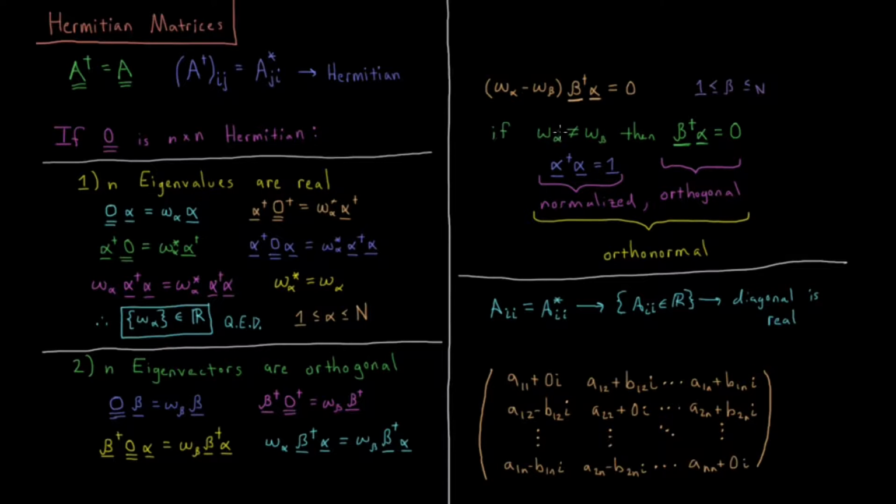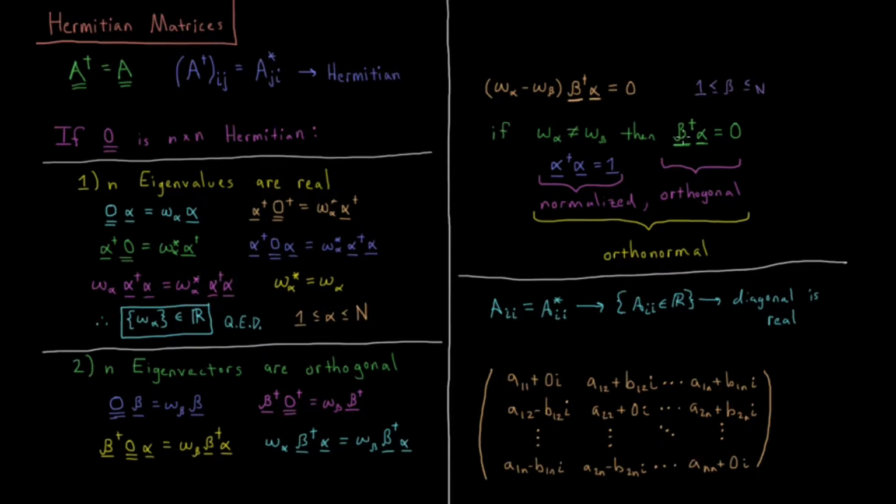So if omega alpha is not equal to omega beta, then something else has to be 0. Beta dagger times alpha is a number, and omega alpha minus omega beta is a number. One of those numbers has to be 0 for this to be true. So if omega alpha is not omega beta, then beta dagger alpha has to equal 0.